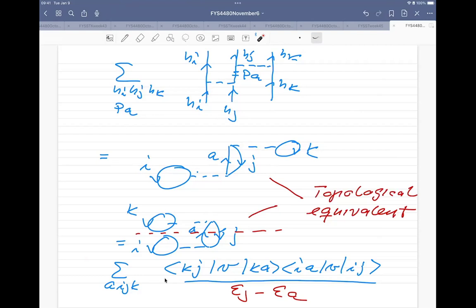So mathematically, it means that the expression for the contribution to the energy is exactly the same, and they are equivalent because the interaction has specific symmetries.